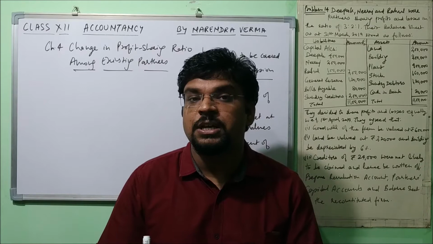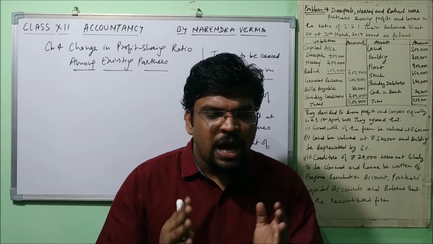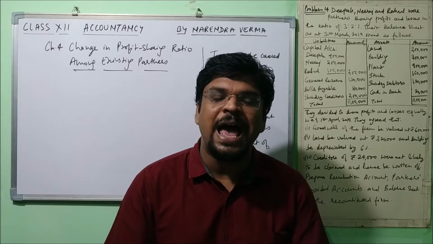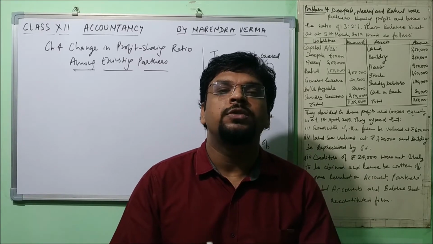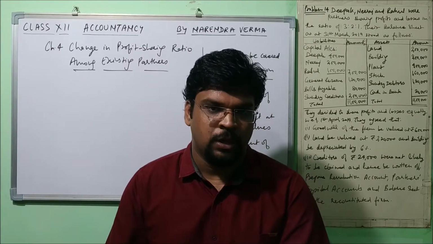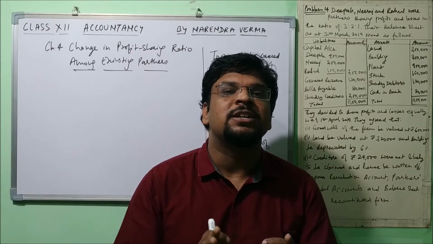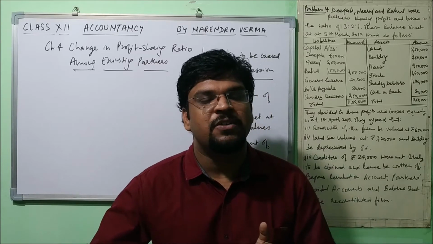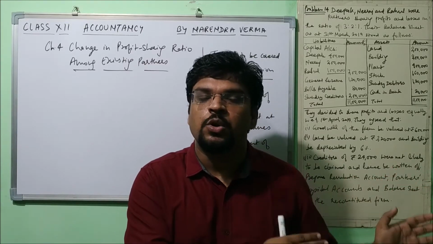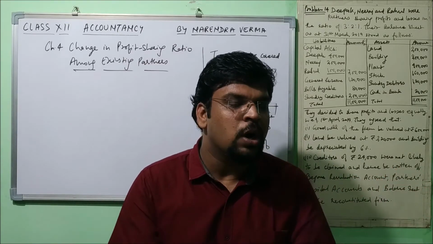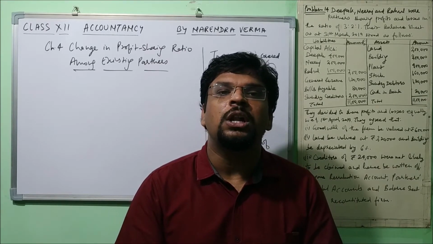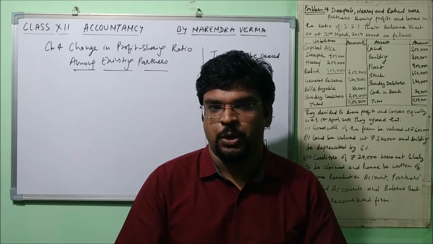So now it's time to prepare the new balance sheet, which is known as the balance sheet of the reconstituted firm, which will be prepared at revised values. Assets will be there at revised values, liabilities will be there at revised values, reserves which have already been distributed will no longer exist here, and the capital accounts of the partners will also be changed.